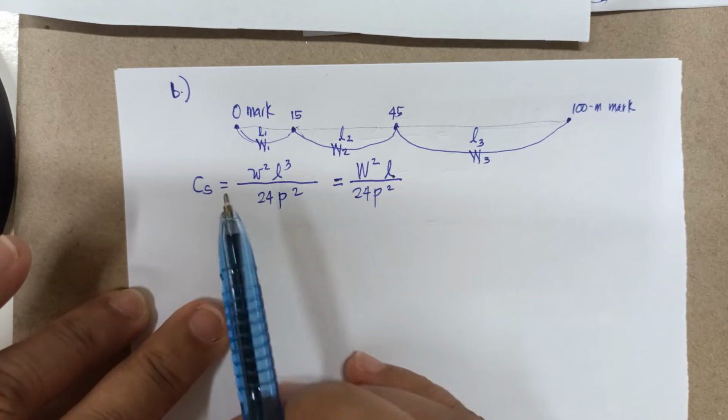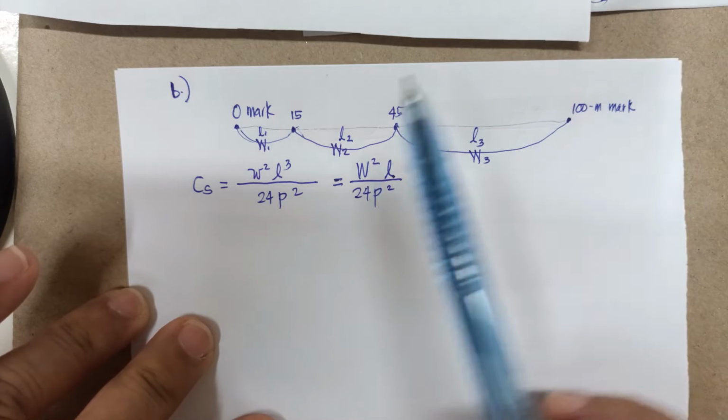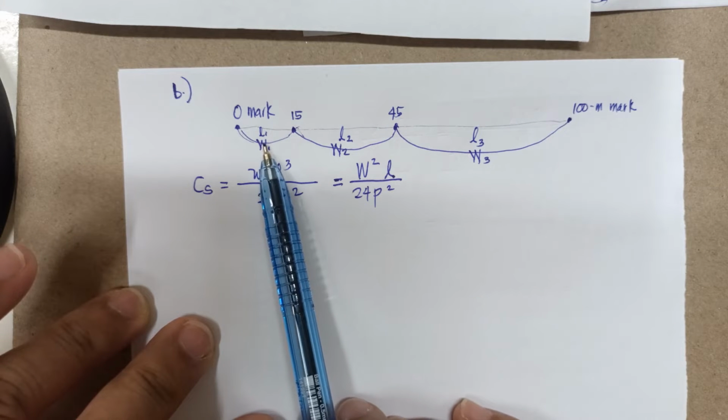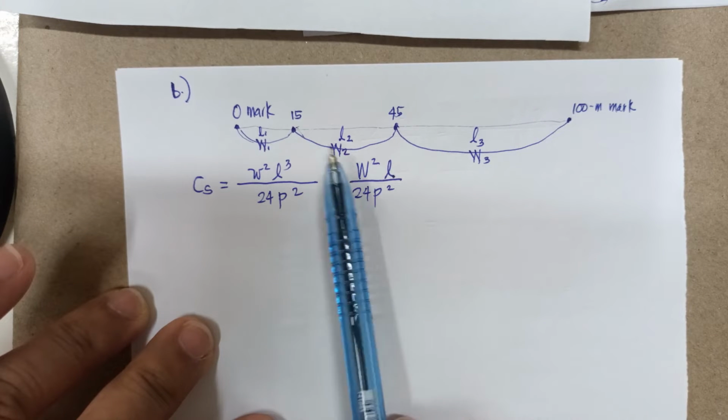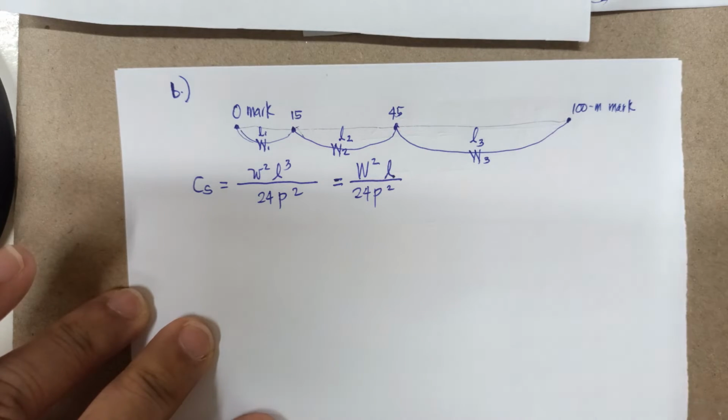However, yung sag correction natin is tatlo din. So we have sag correction for the first unsupported distance, then the second between 15 to 45, and between 45 to 100.